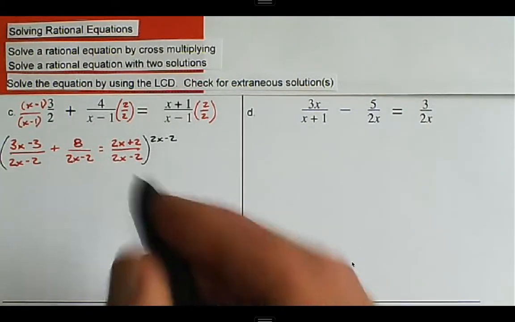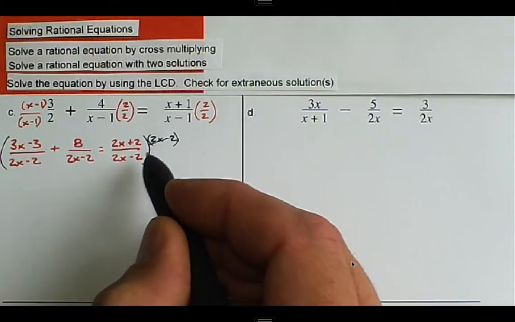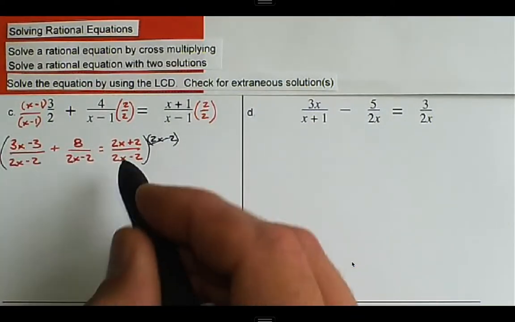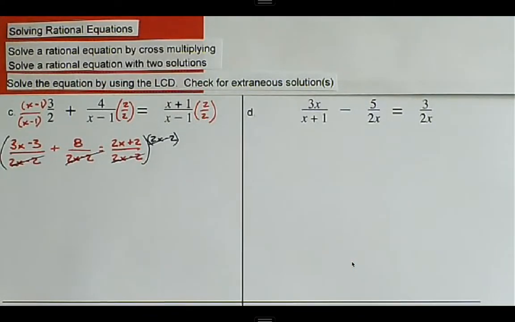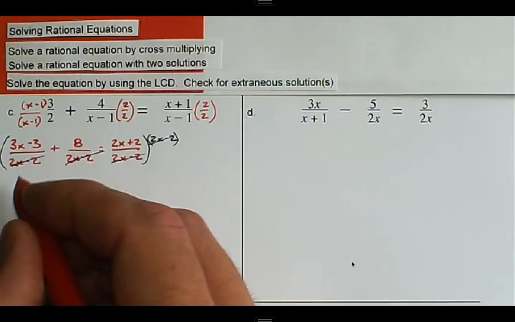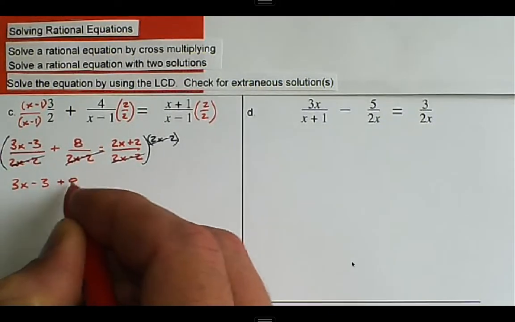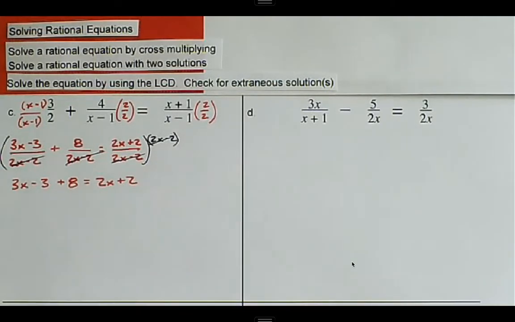So by multiplying by 2x minus 2, when you distribute it to all terms, it cancels all the denominators. And then we're going to be left with 3x minus 3 plus 8 is equal to 2x plus 2.